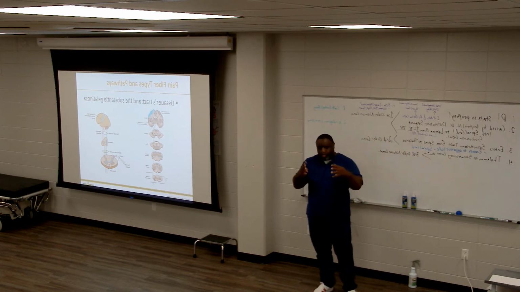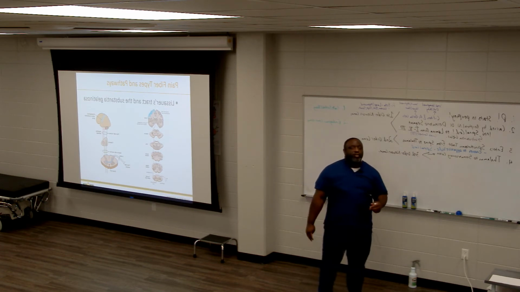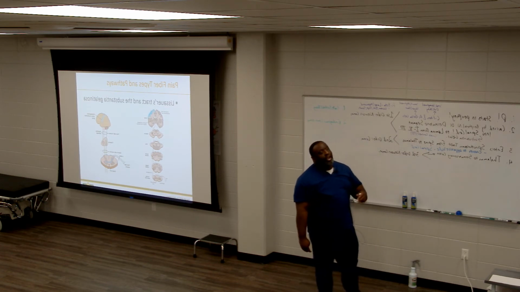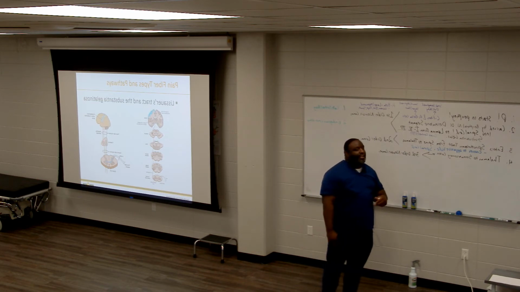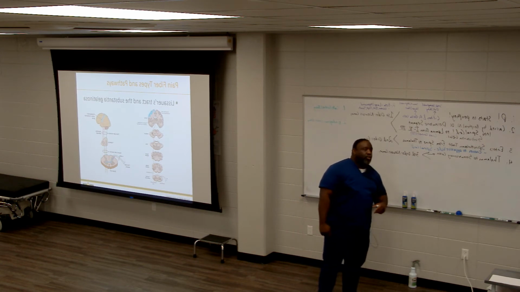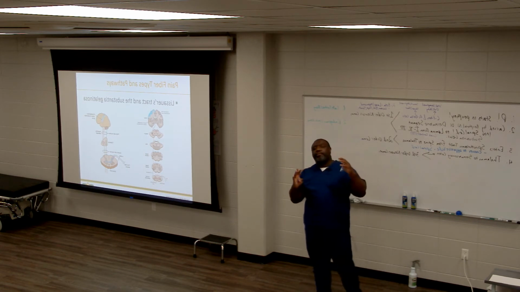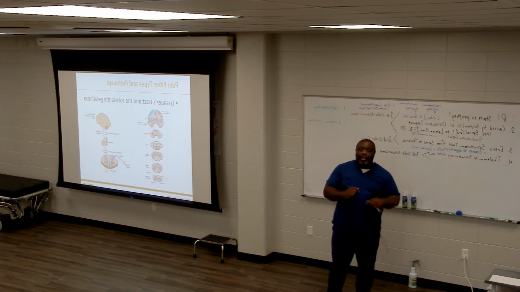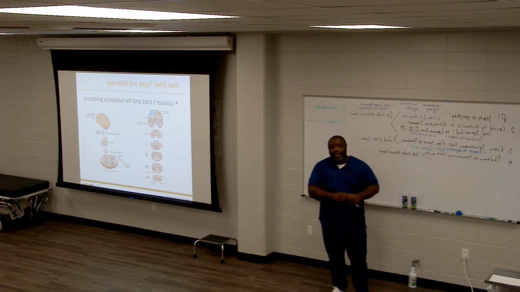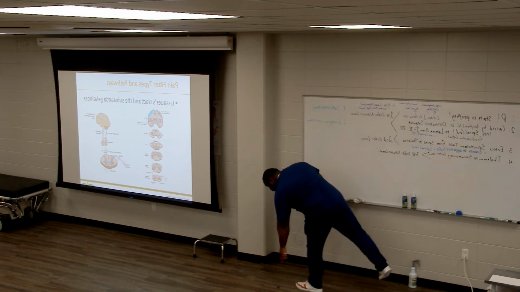So we're trying to rush those sensations into the spinal cord so that we no longer feel A delta and C fiber. So it works at the level of the spinal cord. We're trying to rush so much A beta that it closes the gate on C fiber and A delta. Literally, like we're trying to close a gate.